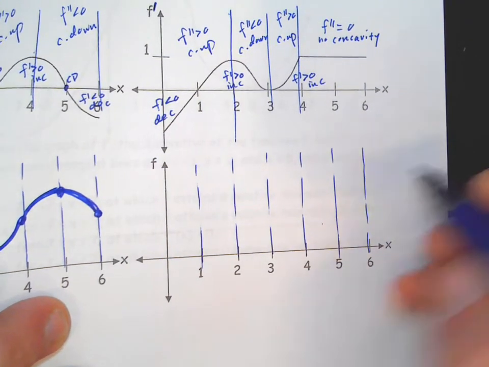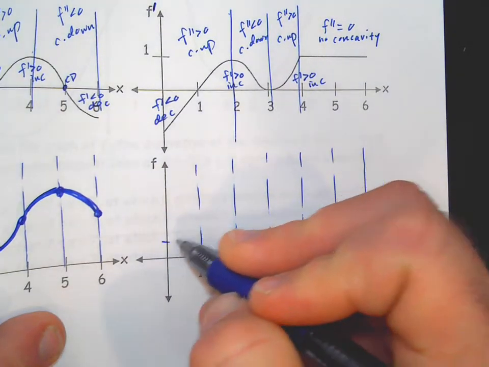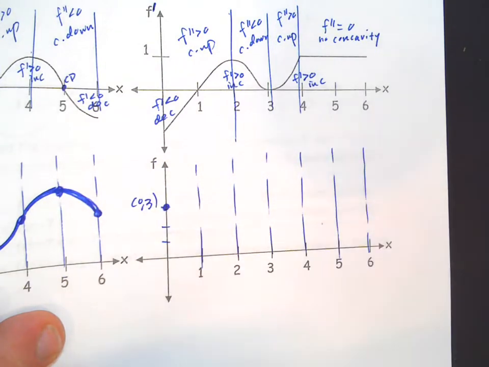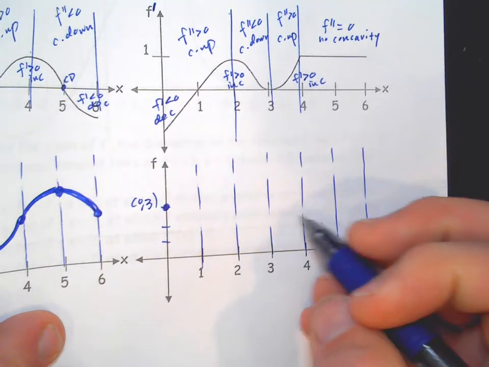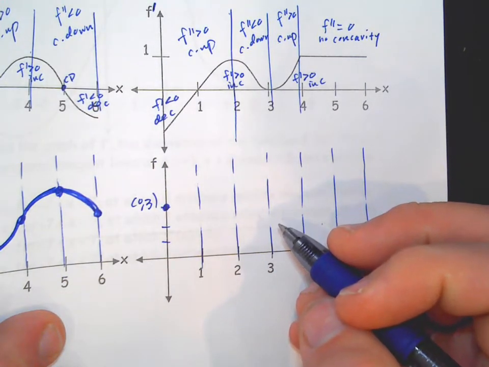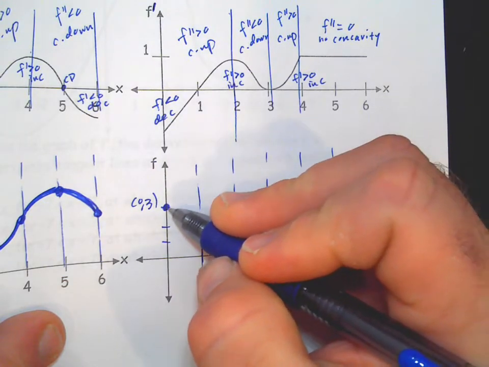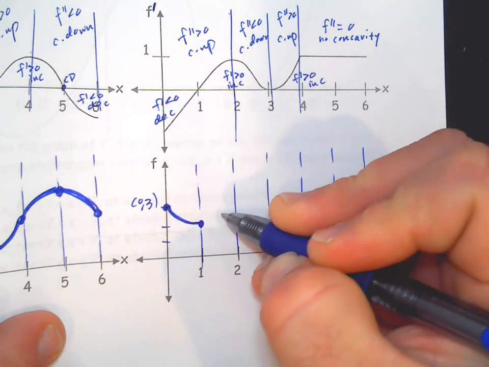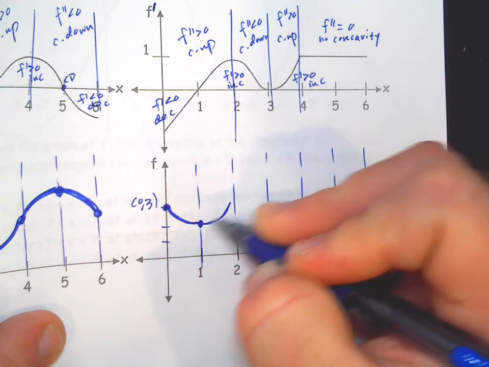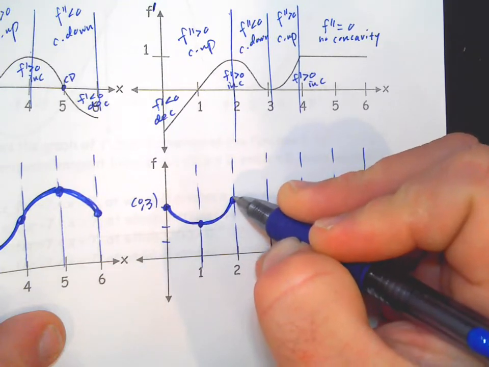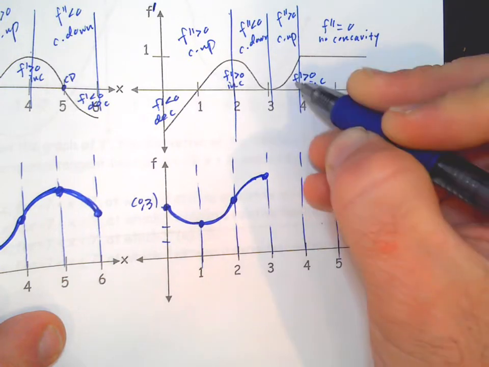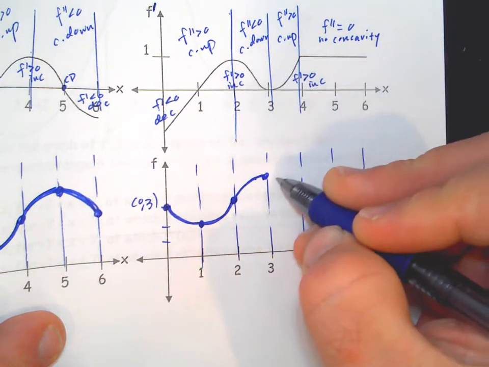We're going to start at (0, 3), so plus C. The first chunk is going down, but concave up. Next chunk is going up and concave up. Next chunk is going up, but concave down. Next chunk is going up and concave up.